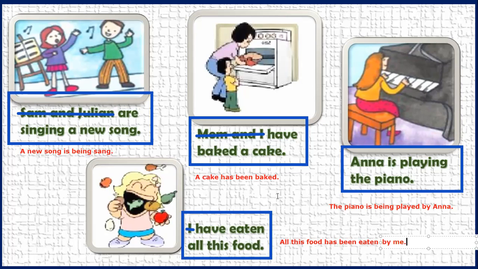Very good, Vanessa, excellent. Now, who was this? Eduardo. Yes, Mom and I have baked a cake. Now let's change to passive and let's introduce the doer. Please, Eduardo. Eduardo, are you there?